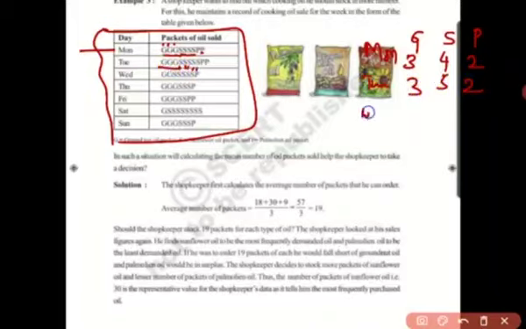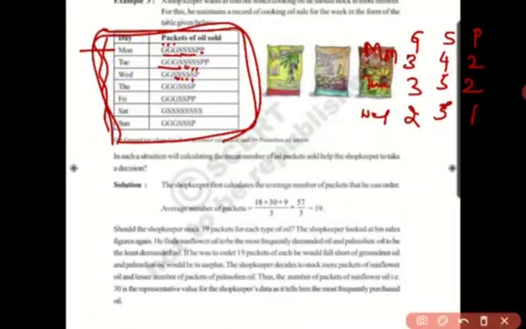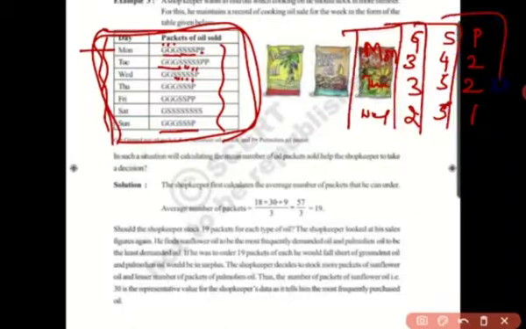On Wednesday, it is 2 packets of groundnut, again 5 packets of sunflower, and 1 packet of palm oil. So this is how the shopkeeper maintained the record in tabular form.